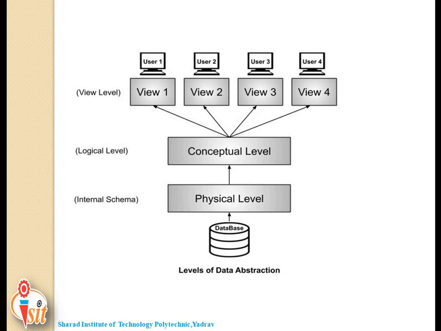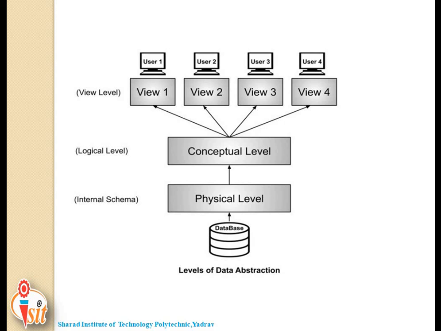And then the last one is the view level. What is the view level? It is the highest level of abstraction. It describes only part of the database for a particular group of users. There can be many different views of the database. Here you can see view 1, view 2, view 3, view 4 to view n.